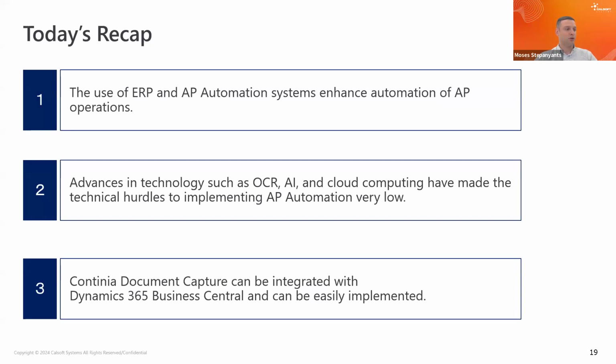And lastly, we want everyone to understand that Continia document capture can be integrated with an existing Dynamics Business Central environment, and it can be easily implemented to fit the needs of a customer's AP automation flow.